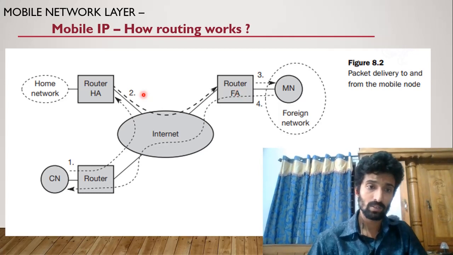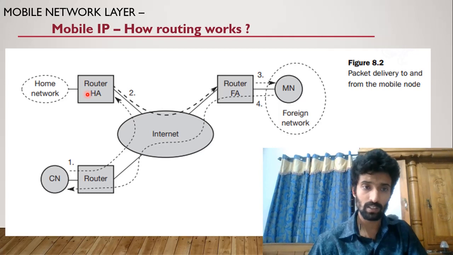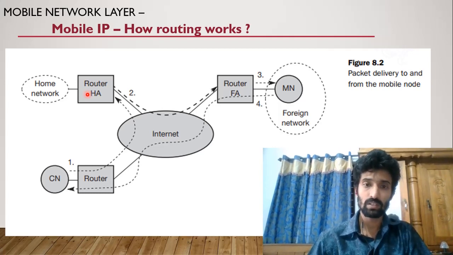So the home agent must keep track of each and every foreign agent in real time as the MN moves from one network to another. That is a real challenge. We will see how the HA keeps track of the foreign agent in the next topics.